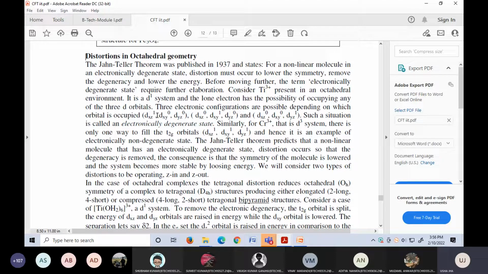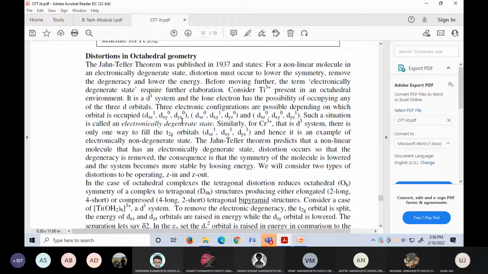Now let us say, what about a d3 system? D3 system means three electrons. So one electron here, one electron here, one electron here. Will that system be electronically degenerate? When there are three electrons, you have dxz1, dxy1, dyz1. Will such a system be called electronically degenerate or not?